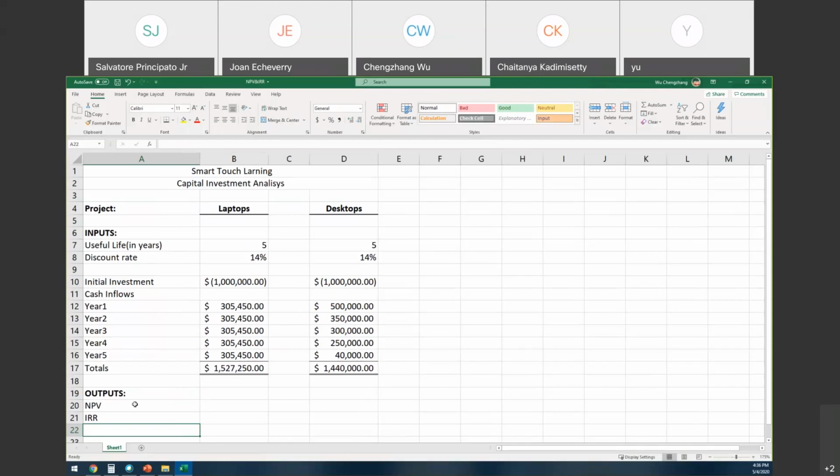Well, before I introduce the financial functions, I need to tell you something about the basic layout of the Excel spreadsheet.